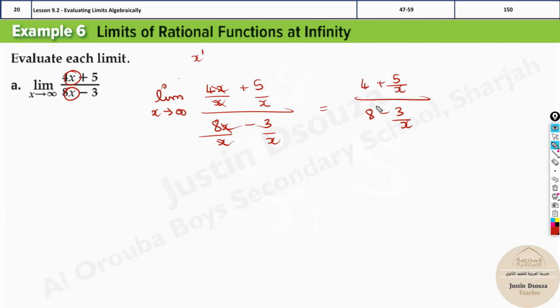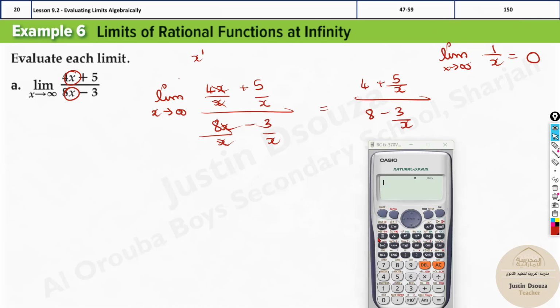Now here you must remember a rule. Limit as x tends to infinity, for 1 by x, what is the answer? It's 0. Now I'll show you how this is. Let's take our calculators. Now what is, say, the number 1 divided by 50?